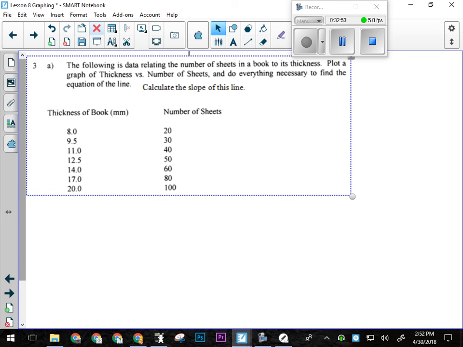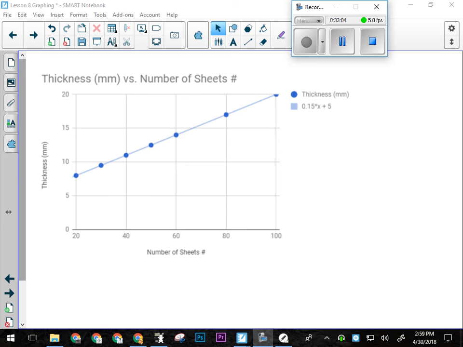So number of sheets goes on the x, thickness of the book on the y. I'll give you guys a few minutes to get that one assembled. So, first question here. Okay, so I've got thickness on the y-axis, and I've got the number of sheets on the x-axis.